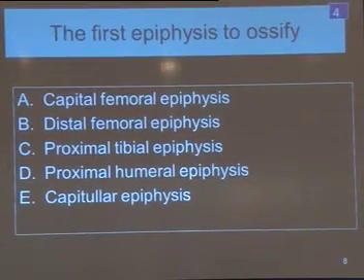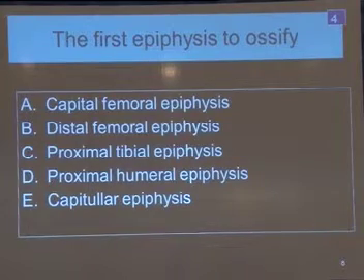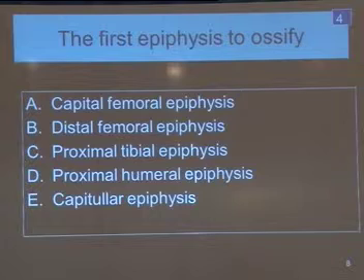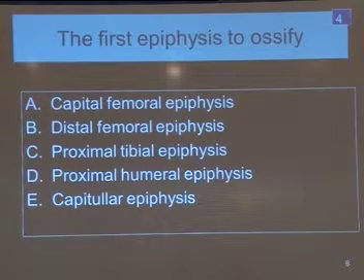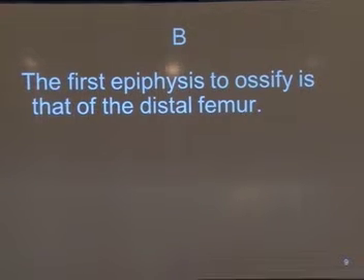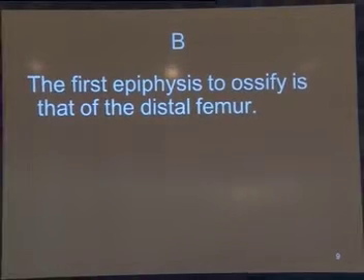Capital femoral epiphysis is not correct. Yes. Distal femoral epiphysis, B. That's correct. So 5 marks, okay? Now team 5, I suppose. Team 5, ready? Okay.